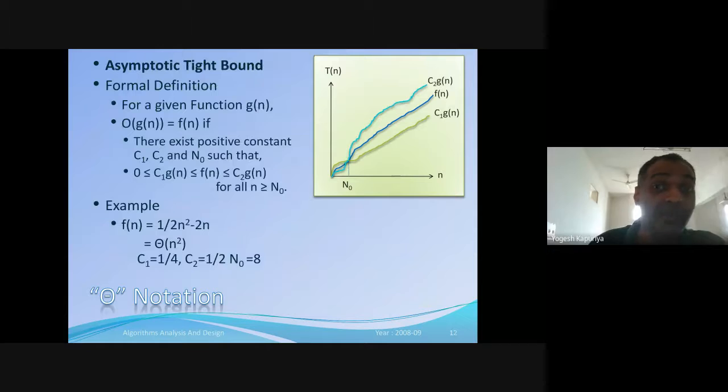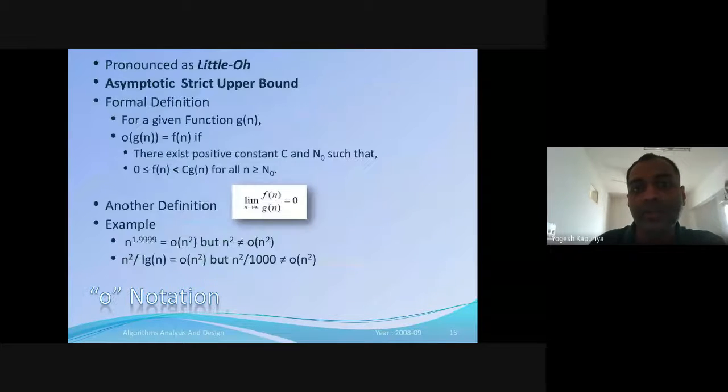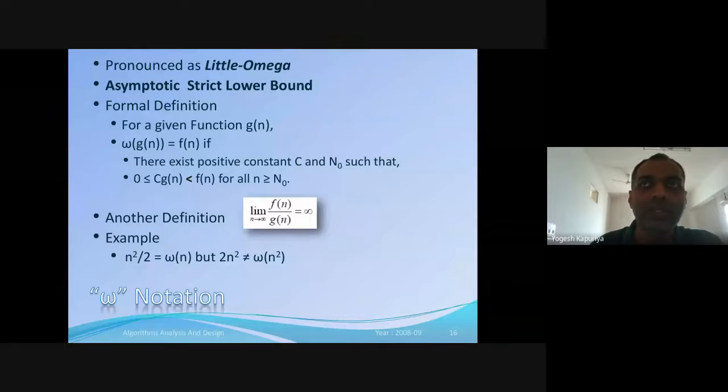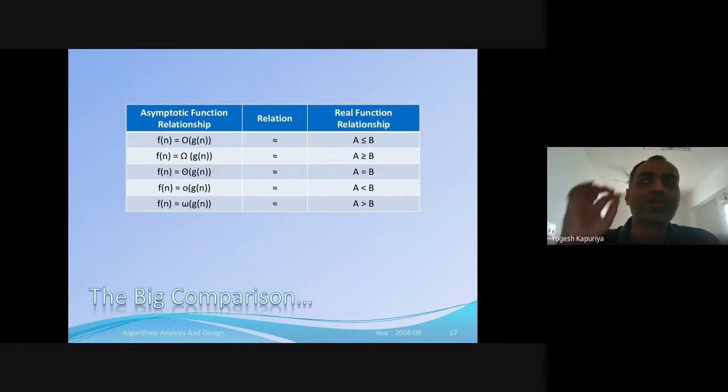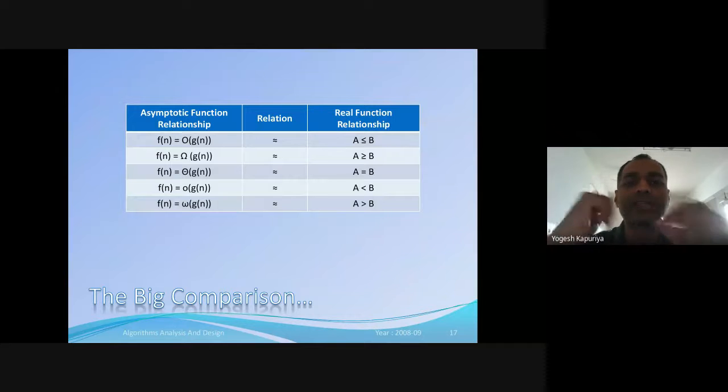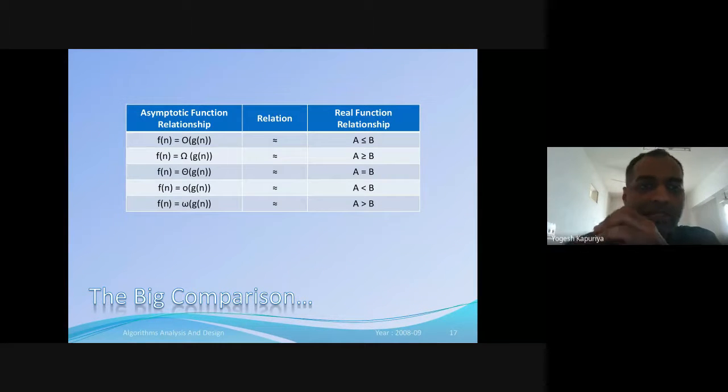Then you have a tight bound, which is actually a combination of both. Then you have a strict upper bound, which ignores the equality. And then you have a strict lower bound, which again ignores the equality when it comes to the lower bound. So if you show it by a relationship table, then this is what we can easily correlate. So what is fn is equal to big O of gn?